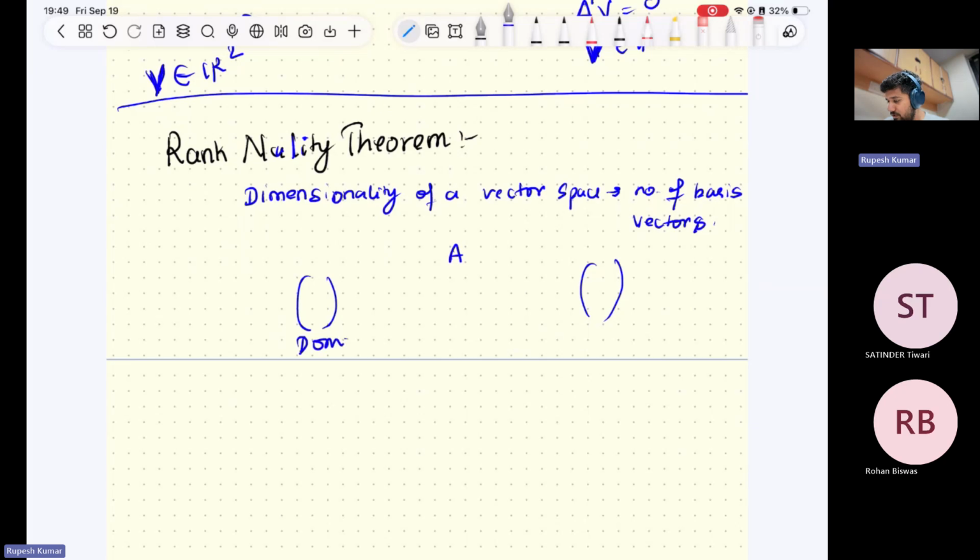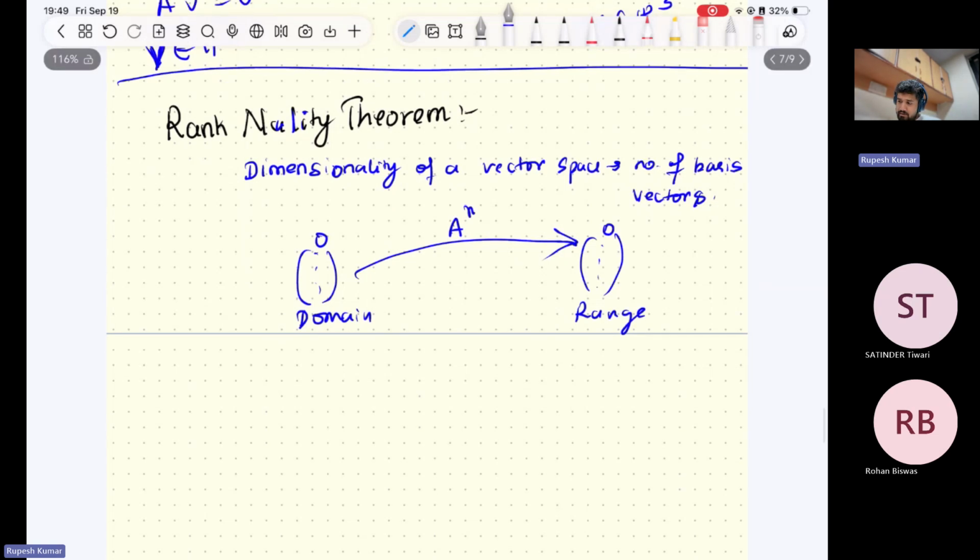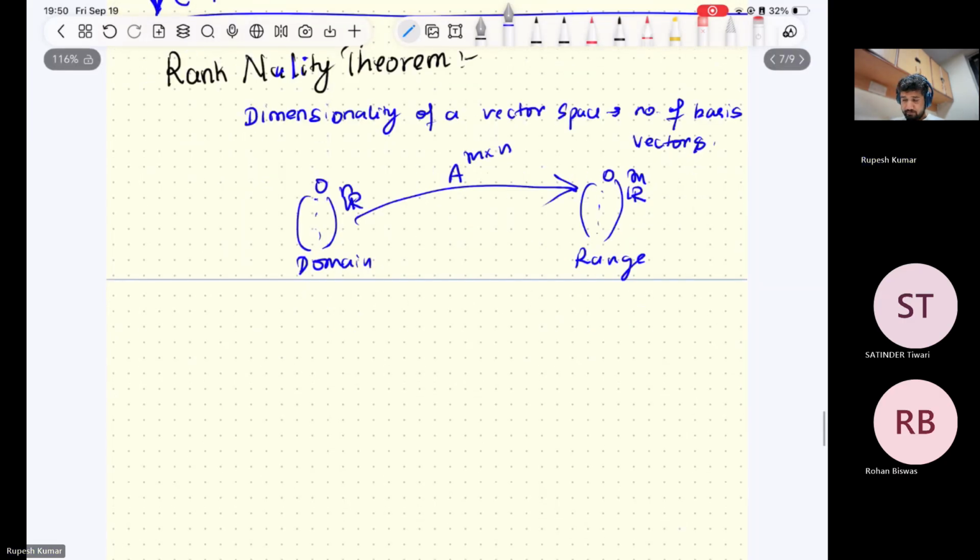This is the domain, this is the range, and you have this mapping like this. And zero is here, obviously, since we are dealing with vector spaces. And A is M cross N. This is N, this is M, Rn, Rm.